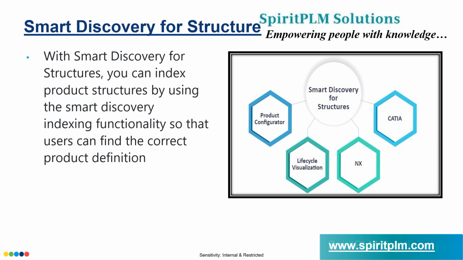Suppose you have a big assembly, let's say a truck assembly, having, for example, 7 million parts, and out of that you want to index a particular part or a particular object. For that you need to enable smart discovery, and using it you can quickly search the data. You can integrate smart discovery with CATIA, NX, Live Visualization, even Product Configurator, everywhere, and using that you can quickly search.